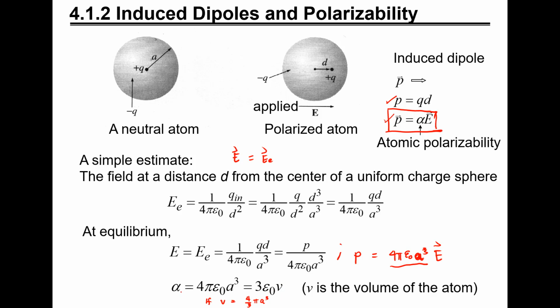So this is the atomic polarizability. Now this value of alpha is accurate to within a factor of 4 for many simple atoms. But for molecules, the situation is not so simple, since molecules polarize more readily in some directions than others.